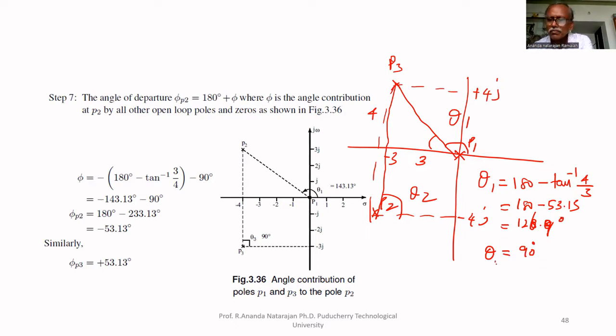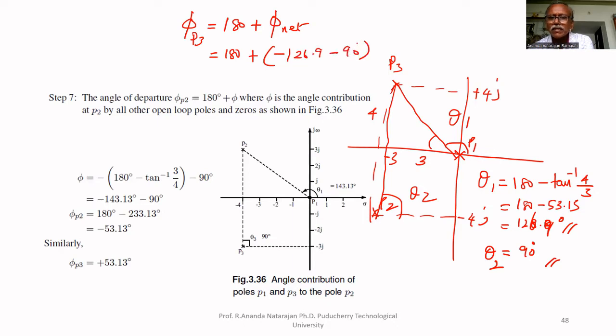So therefore, angle of departure at P3 equal to 180 plus phi, where phi equal to 180 plus, these two angles are from poles, therefore minus 126.9 minus 90 degree, that is equal to minus 36.9.